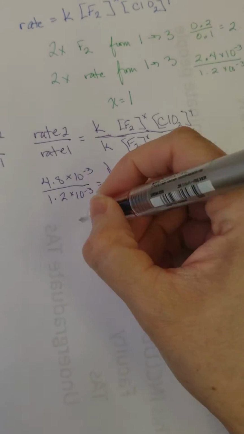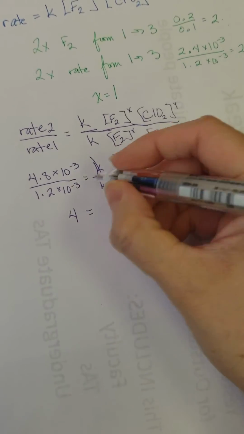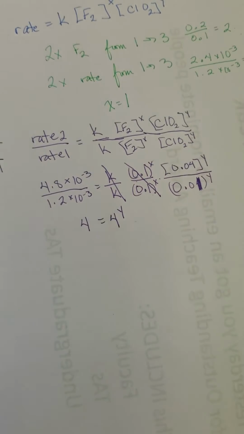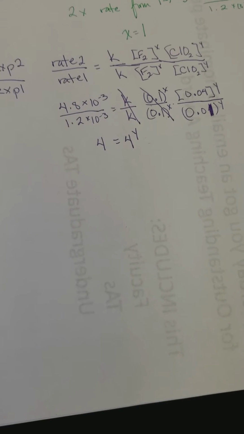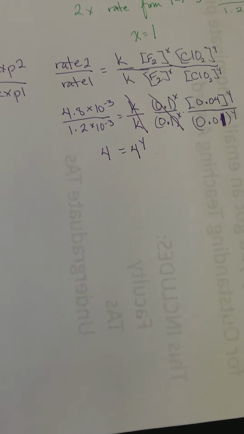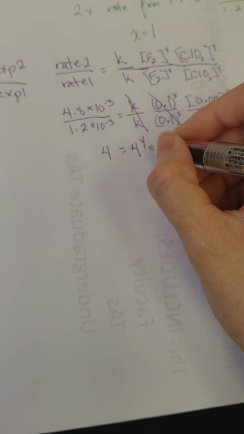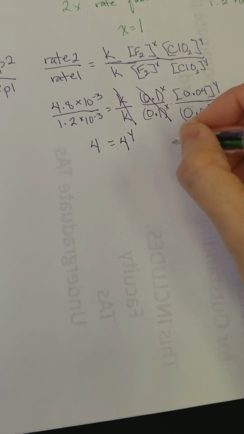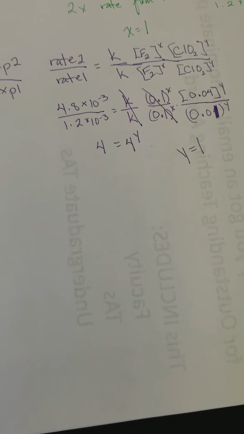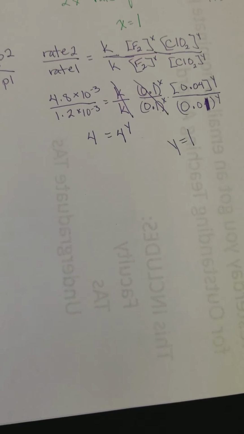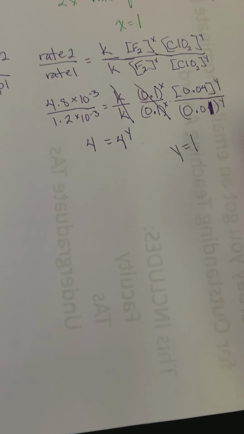So after I do this math, I should get 4 is equal to 4 raised to the power of y. Now, here is the part where you may very well just know that anything raised to the power of 1 is itself. So in this case, y is equal to 1. You could do that by playing guess and check. You could plug it into your calculator and say, now I know what it is.